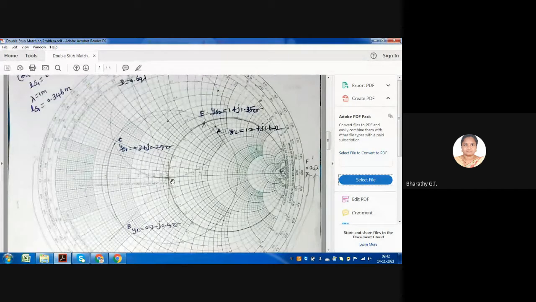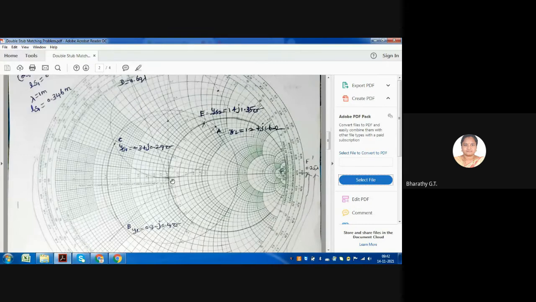With O as center and OA as radius, draw the circle. Side by side, you have to write the steps also.